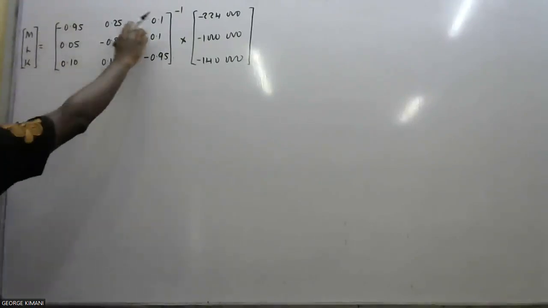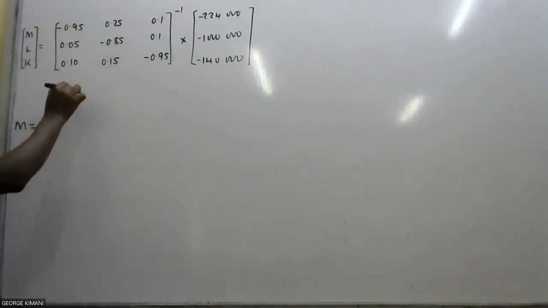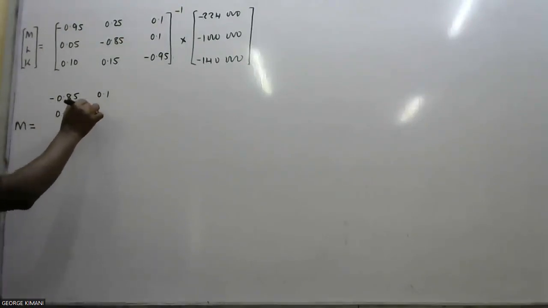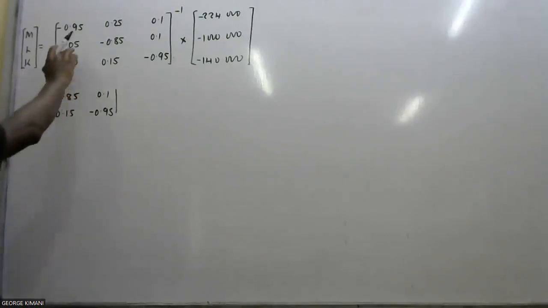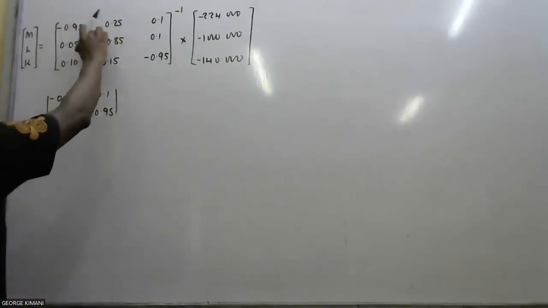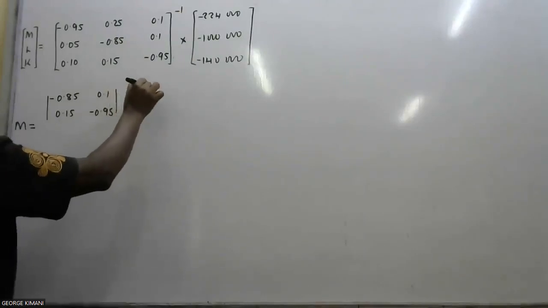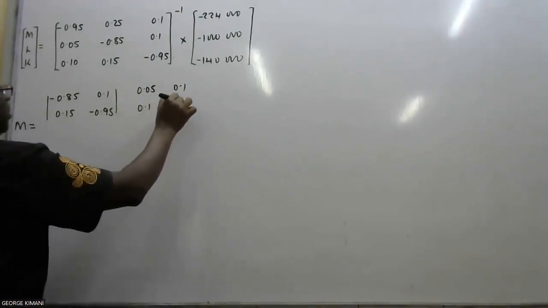tukifika hapa tunafunga hii na tunafunga hii. Tunaachiwa minus 0.85, 0.1, 0.15 and minus 0.95. Tukifika hapa tunafunga the first row, the second column, tunaachiwa 0.05, 0.1, 0.1 and minus 0.95.